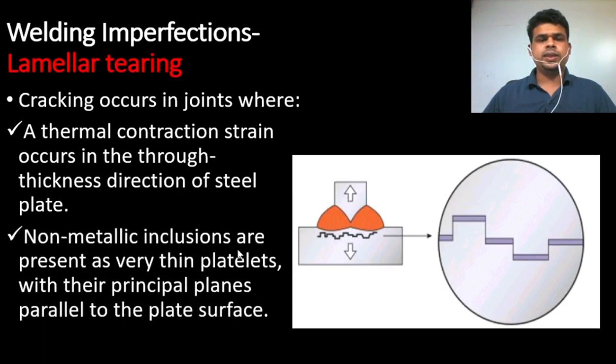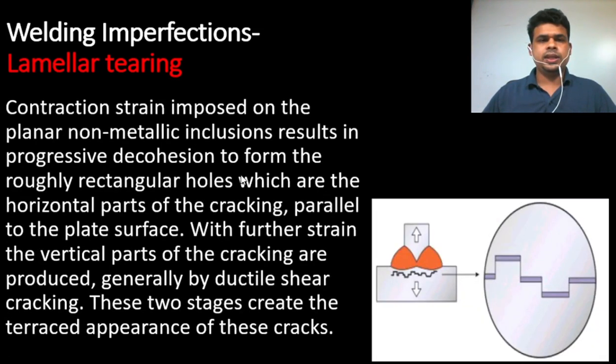Non-metallic inclusions are present as very thin plates with their principal planes parallel to the plate surface. If the non-metallic inclusion is here, then this type of laminar tearing can also occur. The contraction strain imposed on the planar non-metallic inclusions results in progressive decohesion to form rough rectangular holes, which are the horizontal part of the cracking parallel to the plate surface.